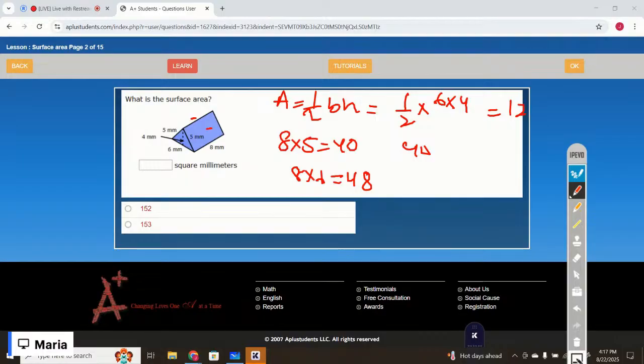Now let's just add, so that we have two triangular faces, 12 plus 12, two rectangular faces that is 40 plus 40, and one base that is 48.